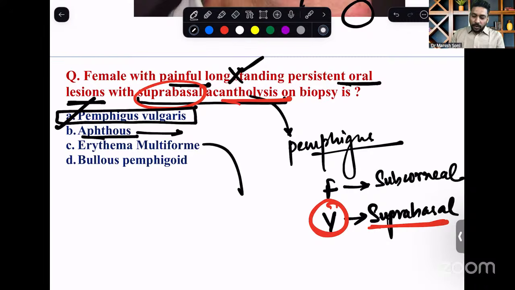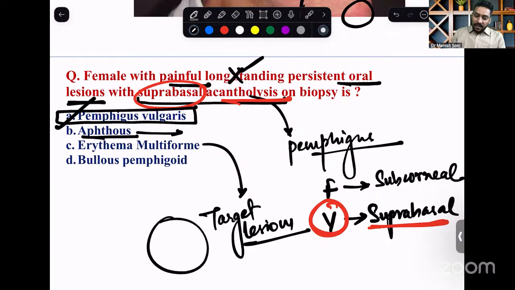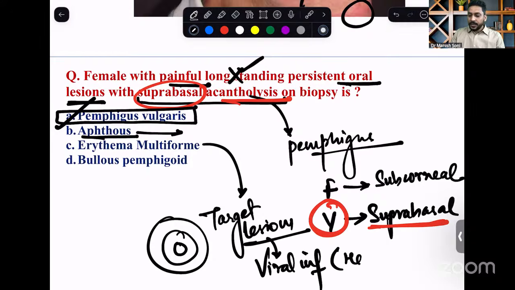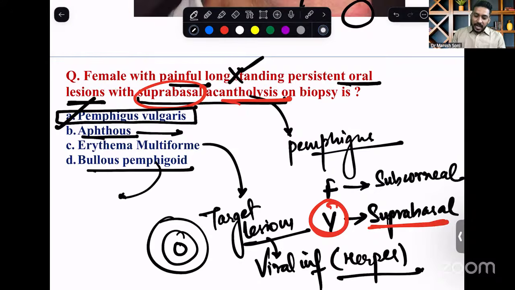Then erythema multiforme presents with target lesions, that is, lesions with multiple concentric rings, and it is generally preceded by a viral infection, usually herpes virus infection. And bullous pemphigoid never has acantholysis because this is a subepidermal disorder. The epidermis is not involved, so acantholysis is not seen. So that's why these are not the answer.